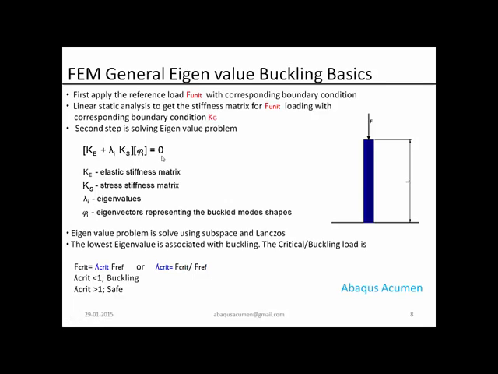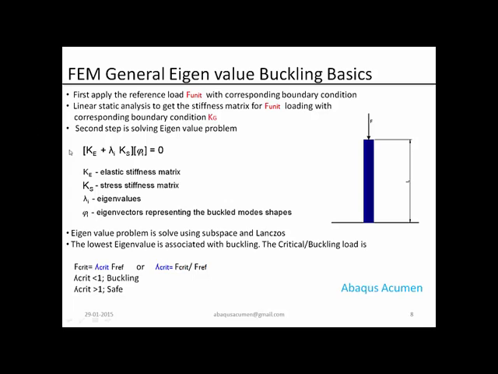Now once you go through a lot of simulation manuals or open literature, you see a lot of awkward explanations for this particular equation. This equation is very simple to understand, and once you understand it, you will understand how to do an eigenvalue buckling problem on your own.